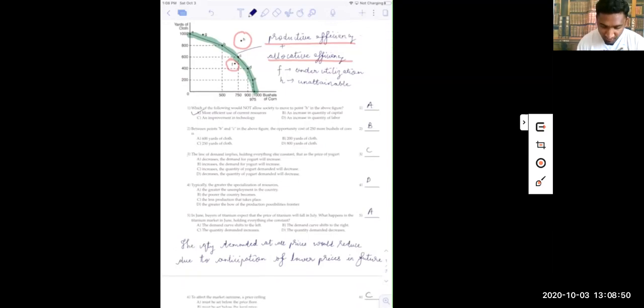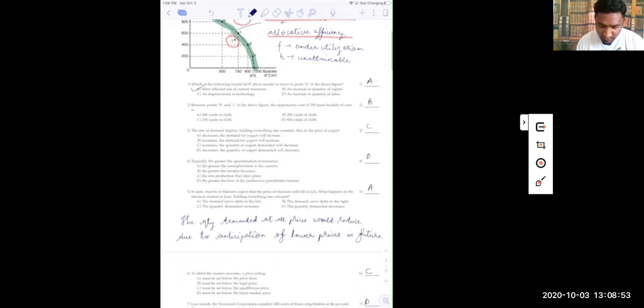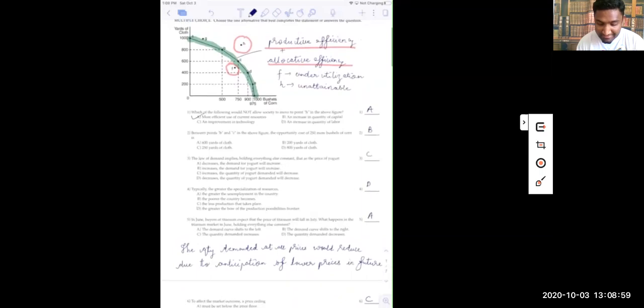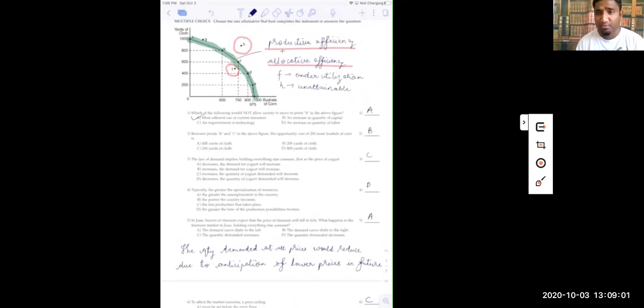Let's move on to the second question. Between points B and C in the above figure, the opportunity cost of 250 more bushels of corn is... If you remember, the definition of opportunity cost is: in order to produce some extra units of something, how much of the other good you have to give up.